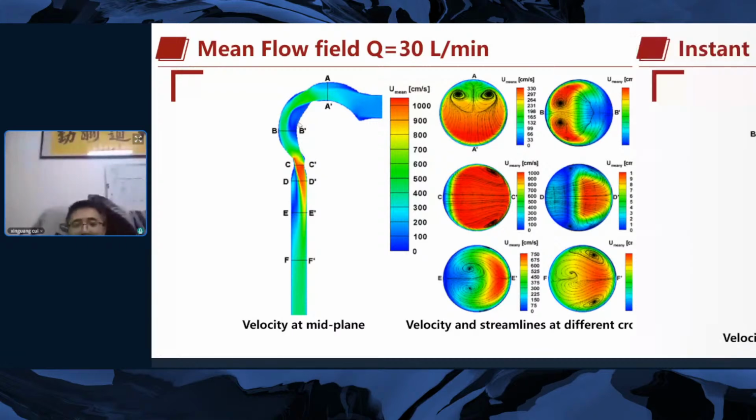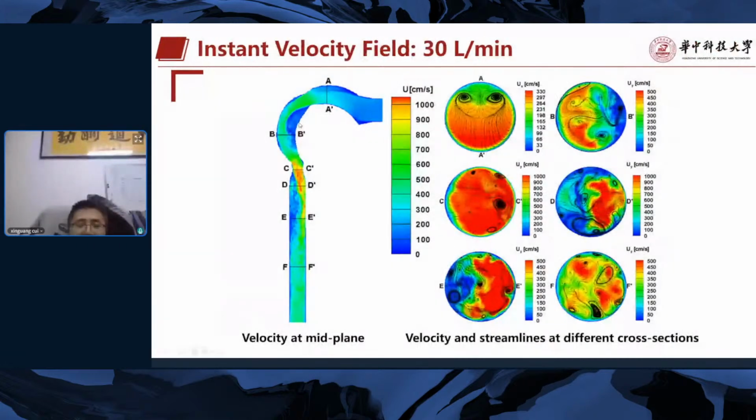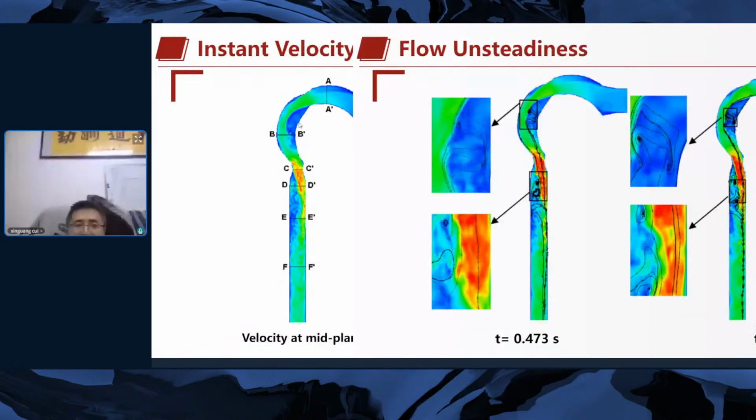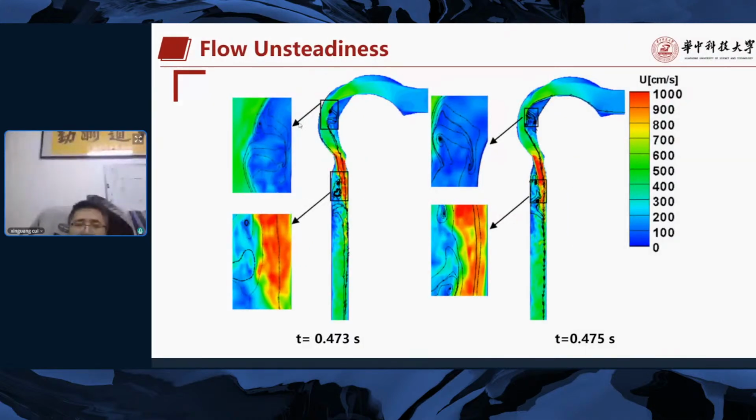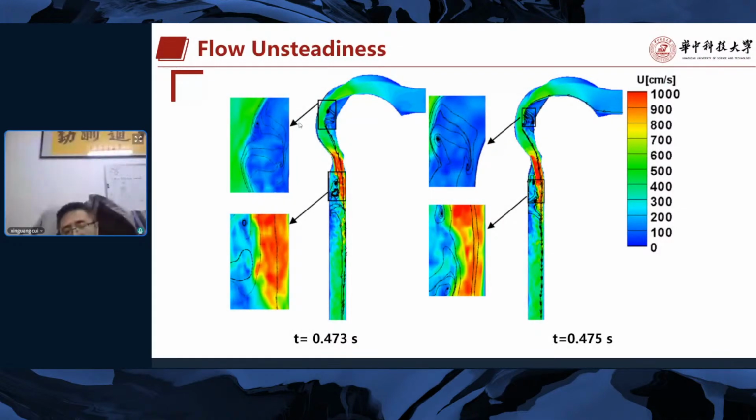These flow structures are very unsteady, and it really depends on the inspiration intensity. What I'm interested in is the vortex, because the vortex is the most important airflow structure.